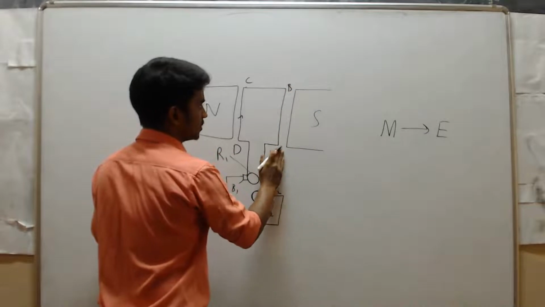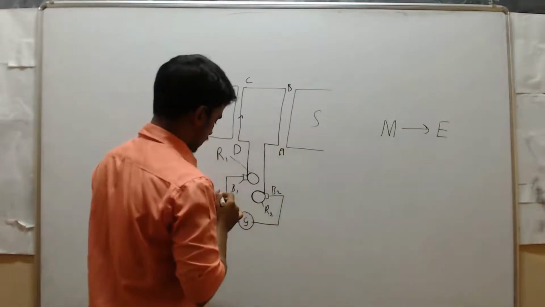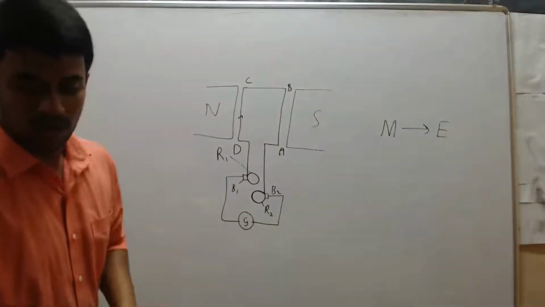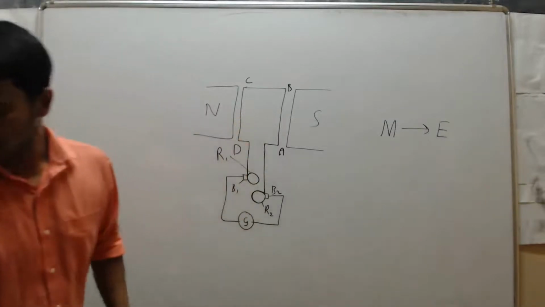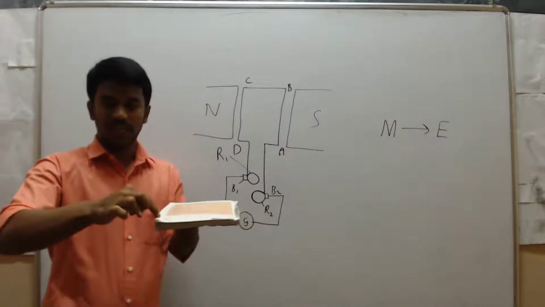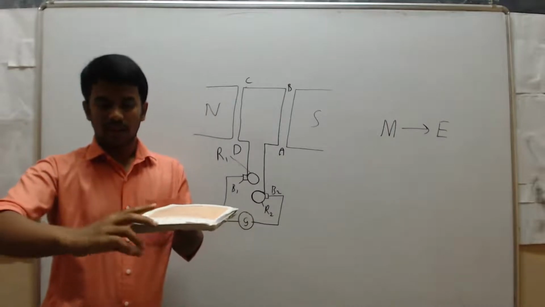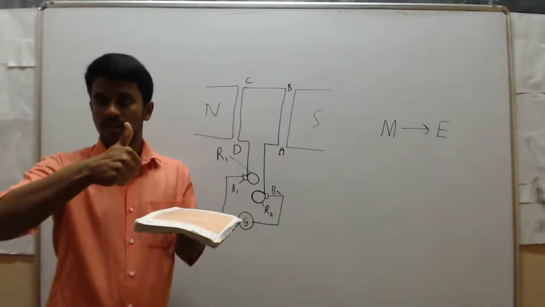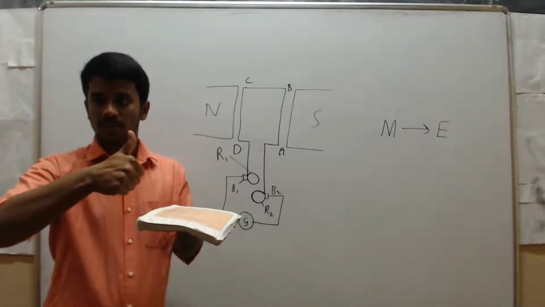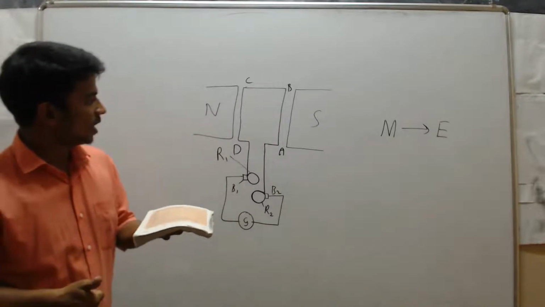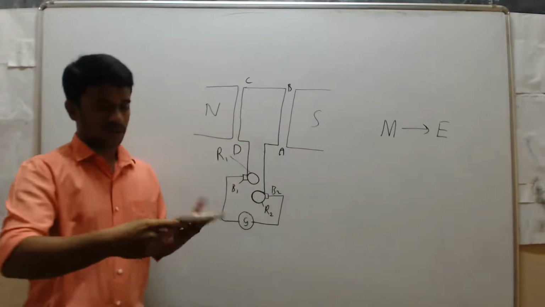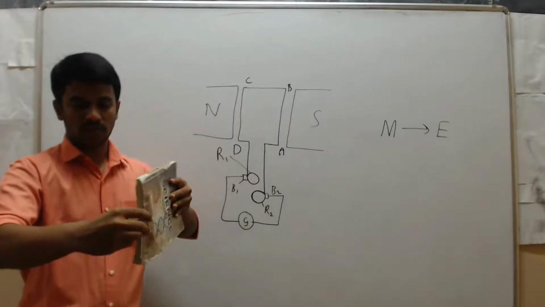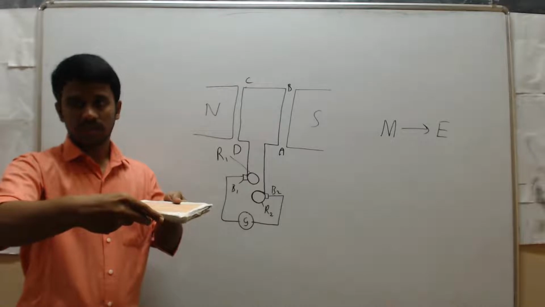Now let's check the current direction. Now this is DC. Correct, you are rotating upwards only. Clear? See here, it is moving, it will go downwards, and once again it will come upwards.